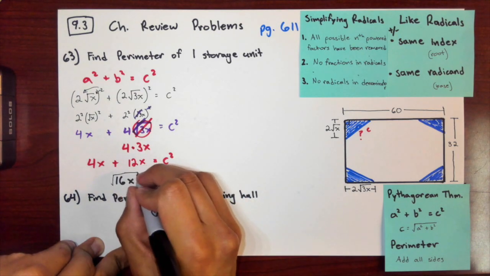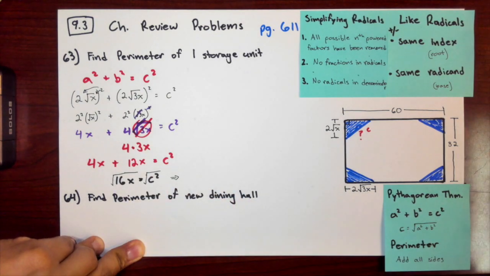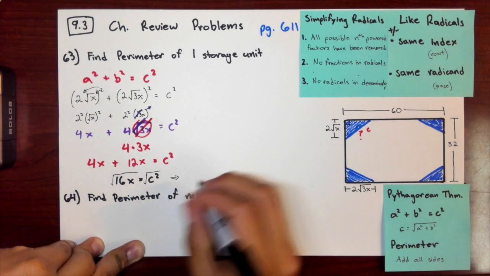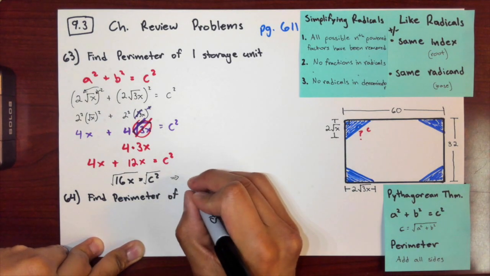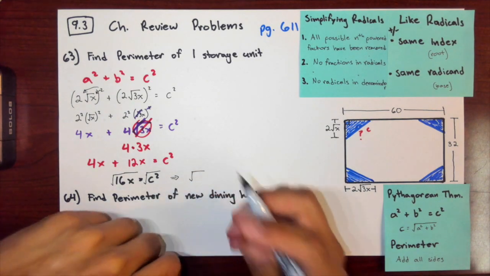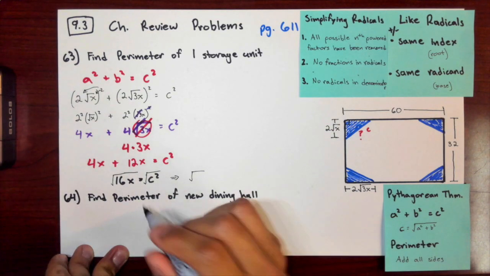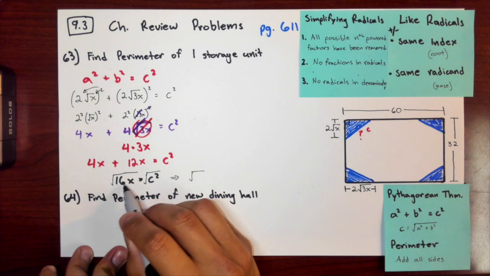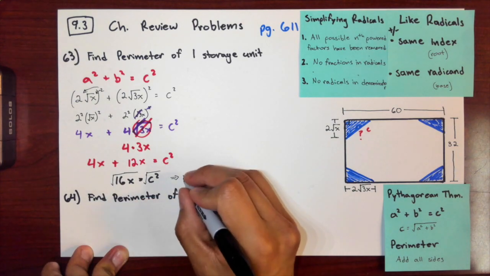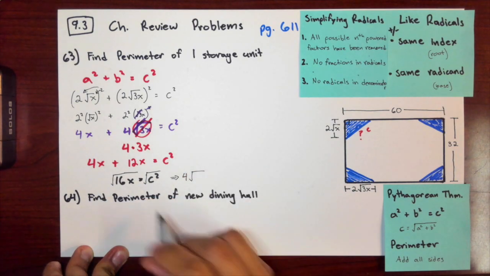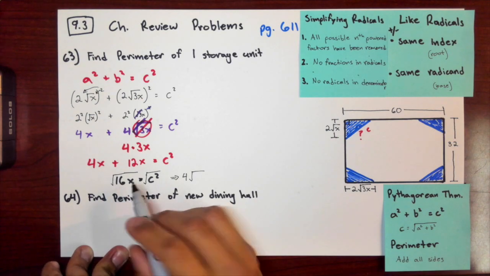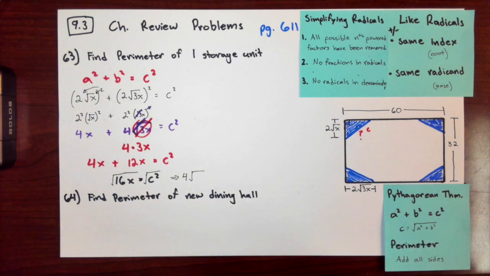And then the square root of 16x. Can we simplify that? Can we simplify the square root of 16x? Yes, we can. The square root of 16 is going to be 4, right? And the square root of x, and all we're doing is using the product rule.